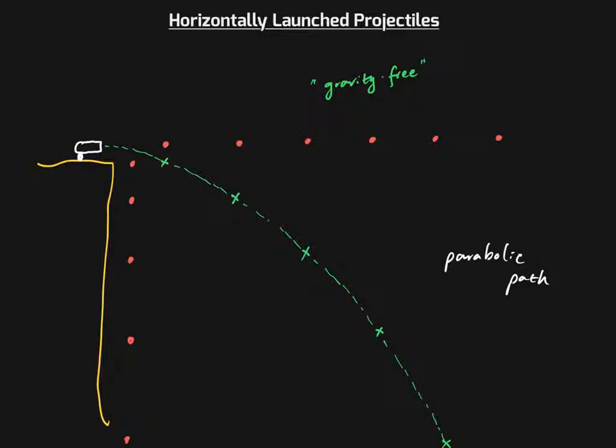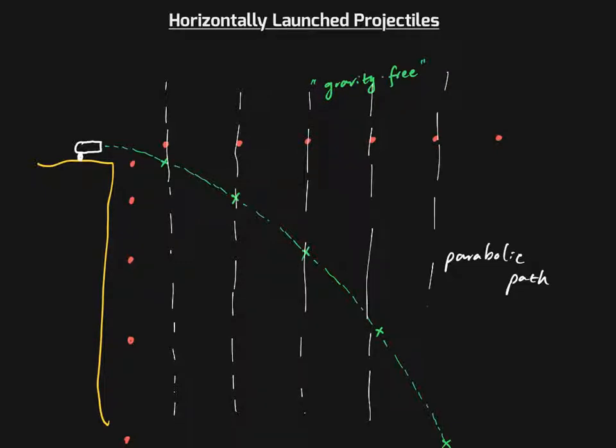Now we can break this down even further. And let's say that I want to look at the spacing, the distance between the cannonball at the different time intervals. So what I'm going to do is I'm going to draw some vertical lines at those different time intervals.